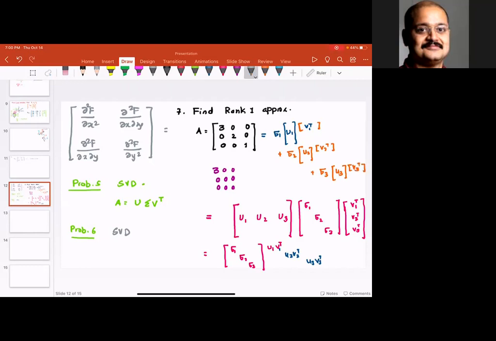So what does SVD do? SVD slices this matrix. So this is rank 1. This is rank 1. And this is rank 1.